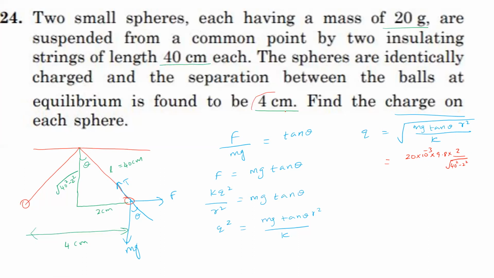The r value is given as 4 centimeter, so we substitute 4 into 10 power minus 2 whole square, divided by k. The k value is 9 into 10 power 9. By substituting all these and solving, we get the charge on this sphere as 4.17 into 10 power minus 8 coulomb.